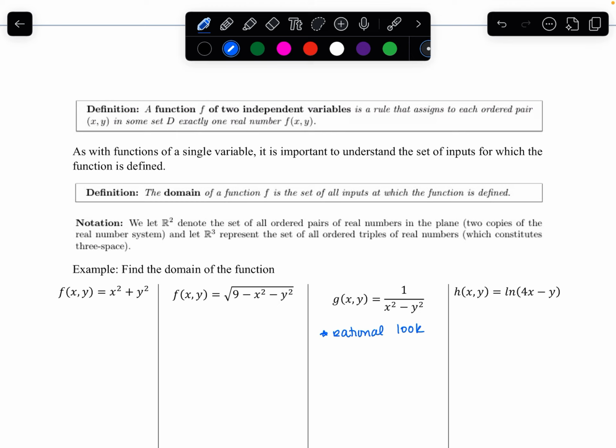I remember when we were dealing with rationals, we just wanted no division by 0 when we're talking about domains. So those same ideas are going to stand true in this discussion. So let's look at this first one. This first one's got that polynomial look that we're used to seeing, except now we've got 2 variables, right? So I would say it looks like a polynomial.